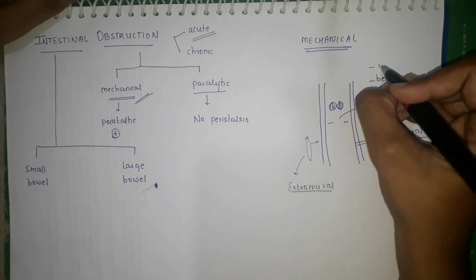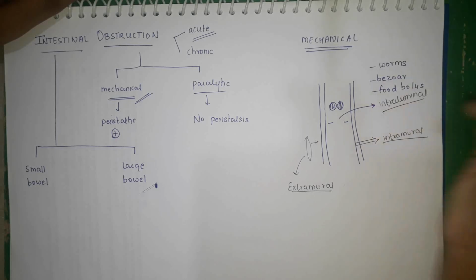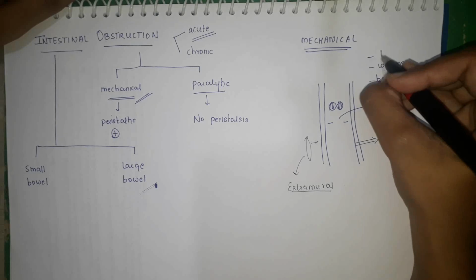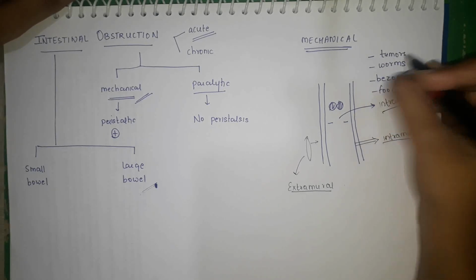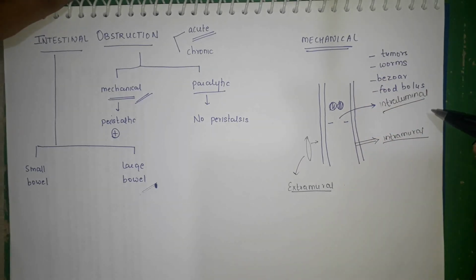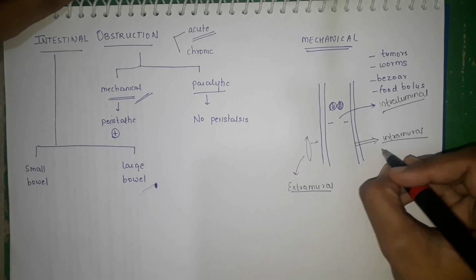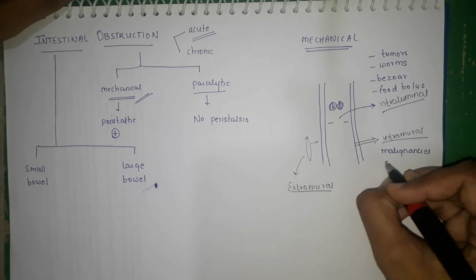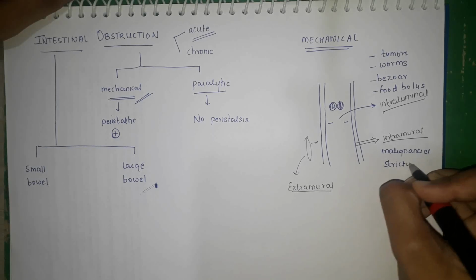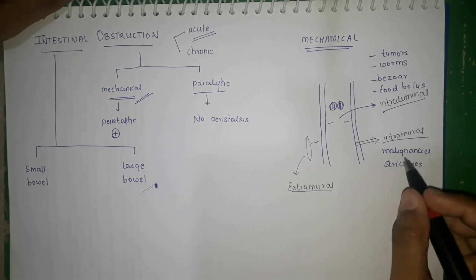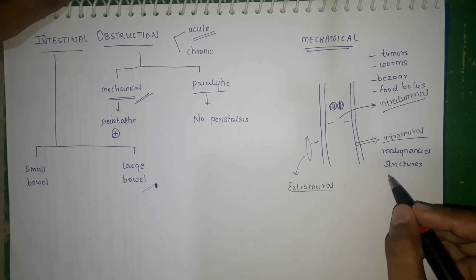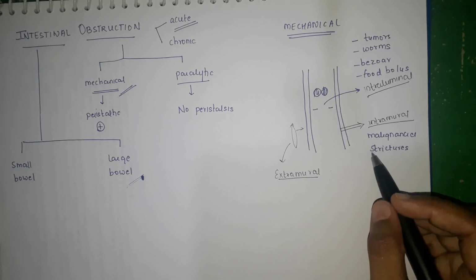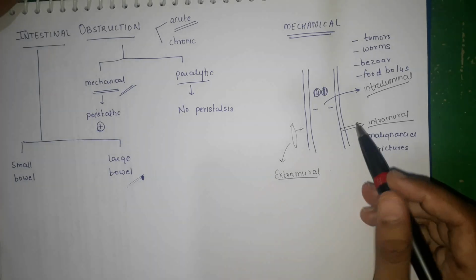Most commonly, worms may cause obstructions, and next are tumors or polyps, which may present with intraluminal obstruction. Intramural, mainly malignancies and strictures. These are commonly seen in large bowel obstruction, because they are a more common presentation of large bowel obstruction rather than small bowel.